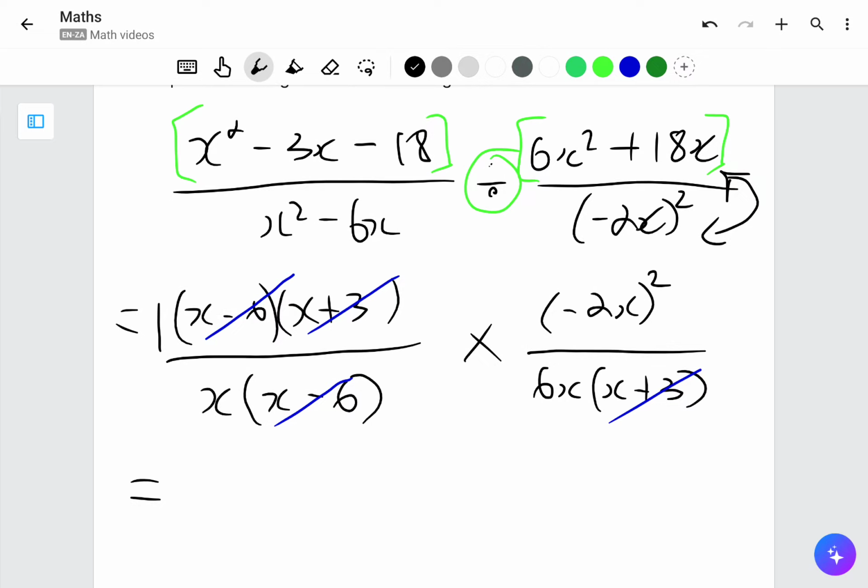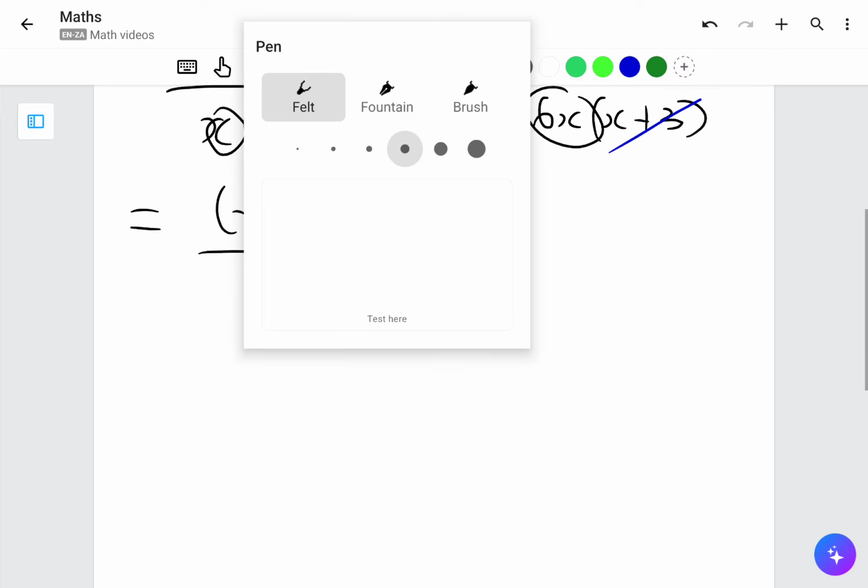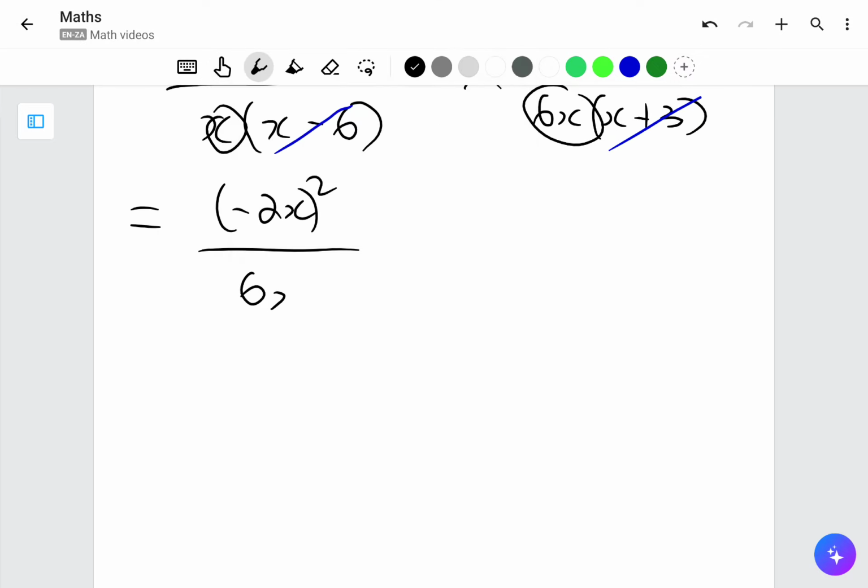So 1 times minus 2x squared will give you minus 2x squared, and we know x times 6x will give me 6x squared, right?